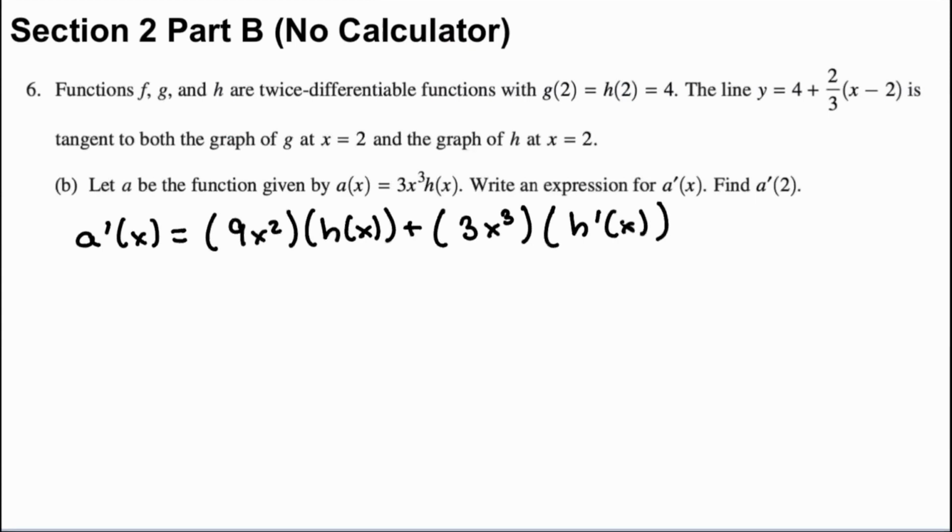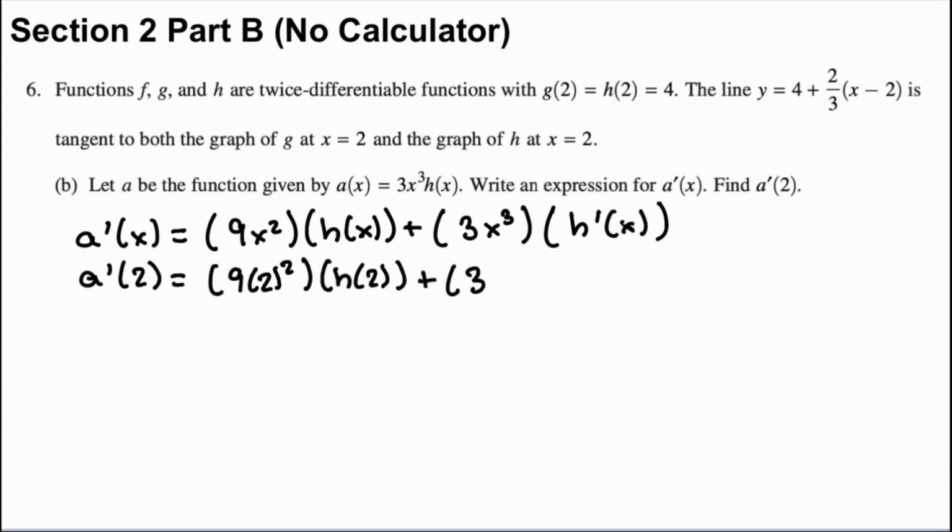And now we're just going to evaluate this at a prime of 2. So everywhere that you see an x, we're just going to sub in a 2. This is going to be 9 times 2 squared times h of 2, plus 3 times 2 cubed times h prime of 2.